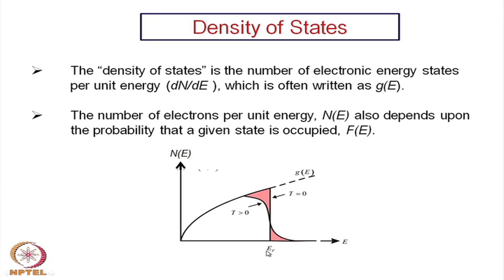For example, at T equal to 0, up to EF everything will be again filled up, and this will be the distribution function. That means, at the lower energy, less number of electrons will be there, as at higher energy more number of electrons will be there, more number of energy states will be available. Okay.